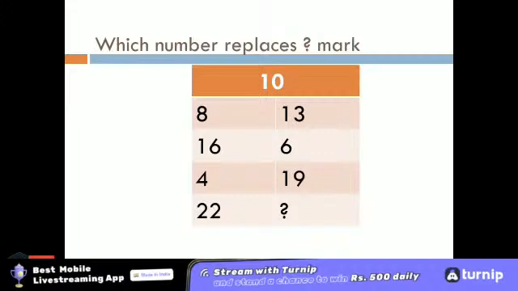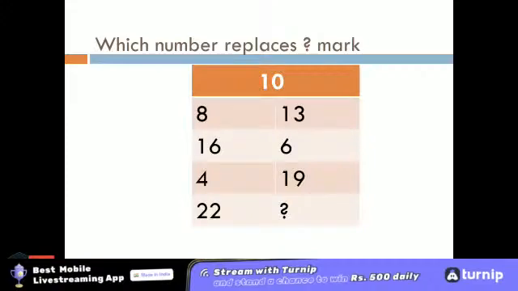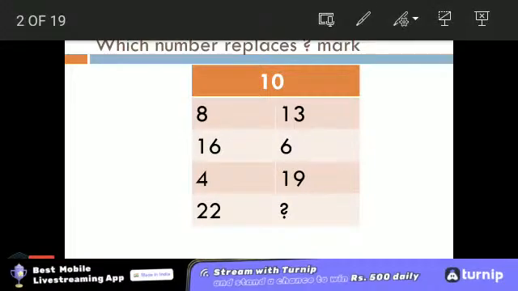Yes. Perfect. So the question is saying which number replaces the question mark. So as you can see it on the screen, it's a two-way series going on. If we observe the very first number, it is 10. After 10, we come to this alternate side, left side.